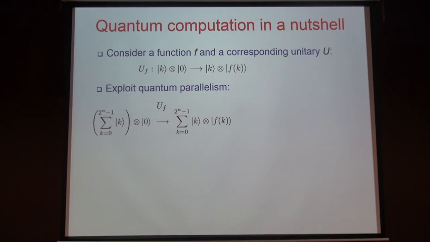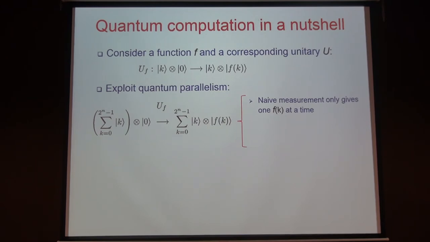So it suggests that the quantum computer is massively parallel and you could use it to calculate something. Although it was calculated in your quantum computer, it's very difficult to extract the answer, because I have to perform a measurement. Suppose I measure this register, then I get some random k, I may get 2, and I compute f of 2.